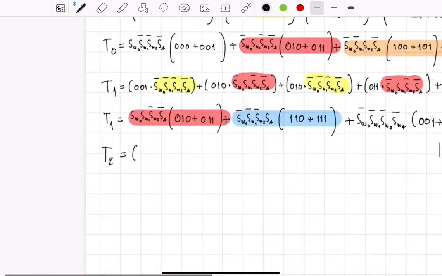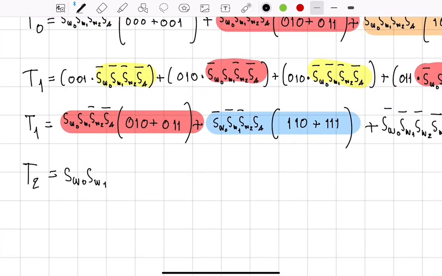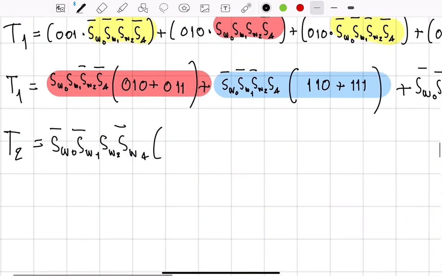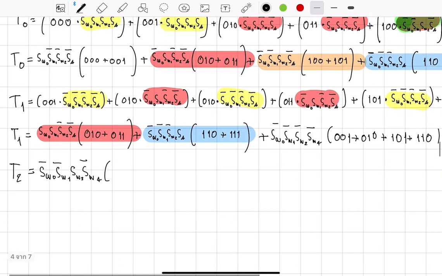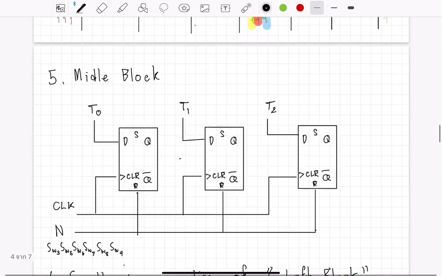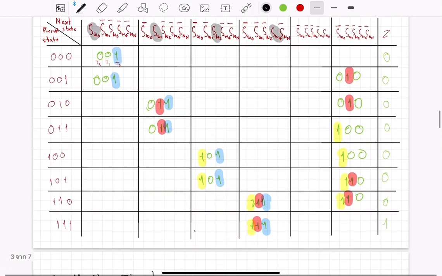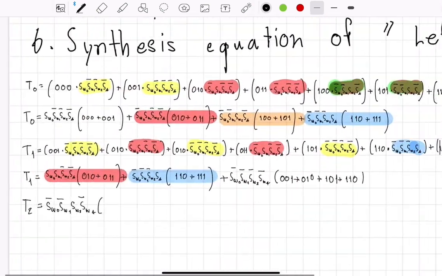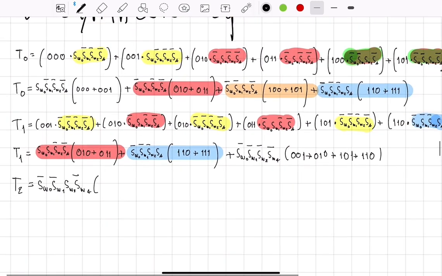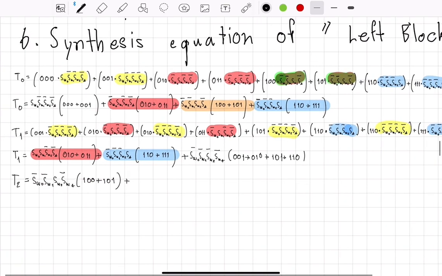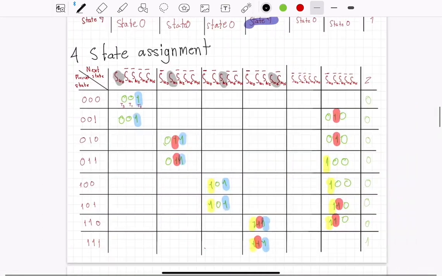Okay, have state 2. Okay, have state 4. You can see, oh sorry, and this, okay, that's like let's have 1 1 0 and some state you can see.